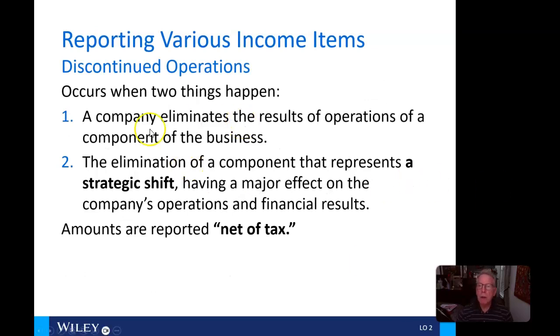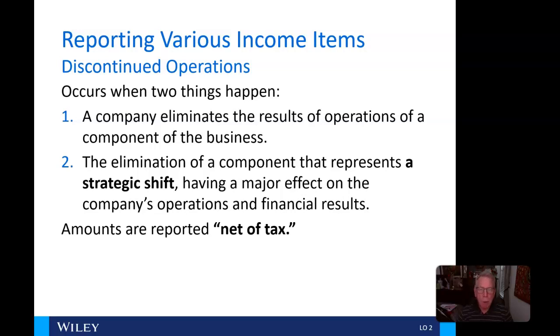Okay, so discontinued operations here. It occurs when two things happen. A company eliminates the results of operations of a component of the business, or number two, the elimination of a component that represents a significant or strategic shift having a major effect on the company's operations and financial results.